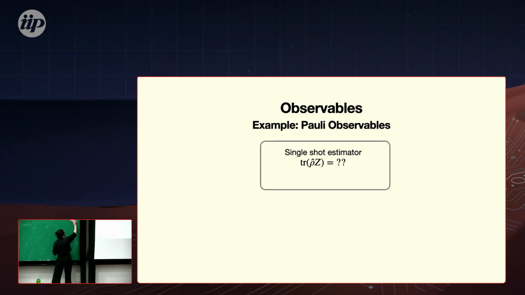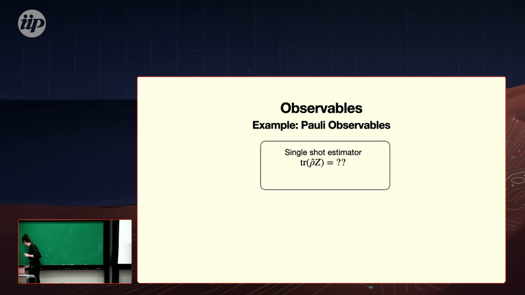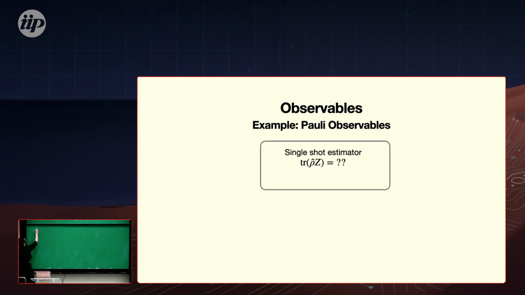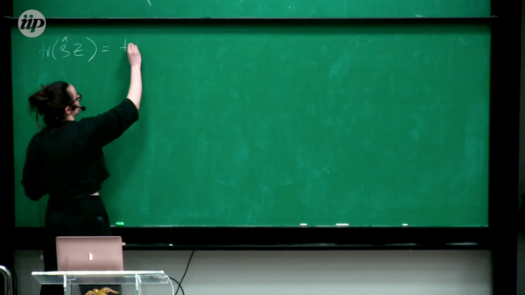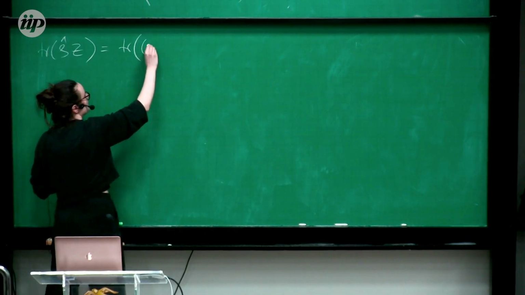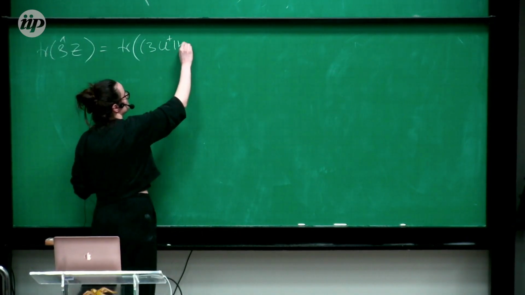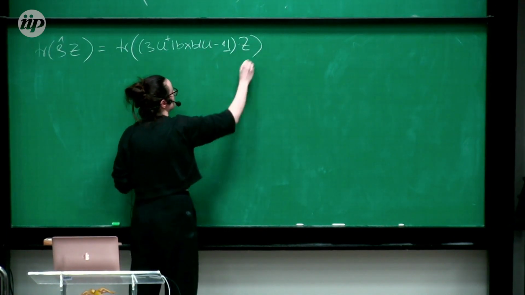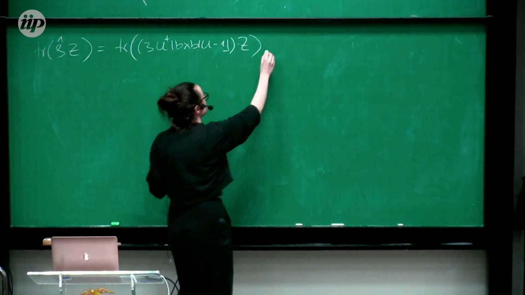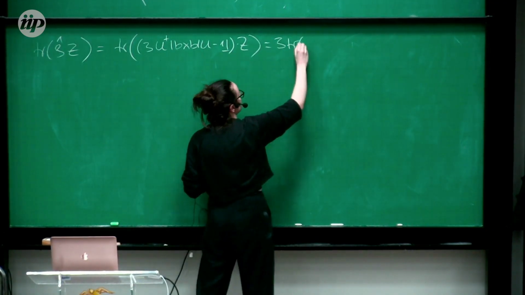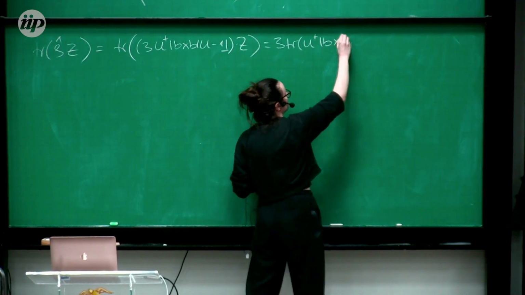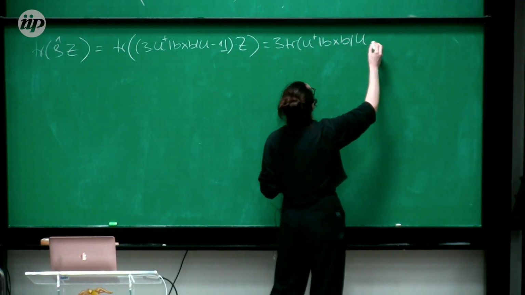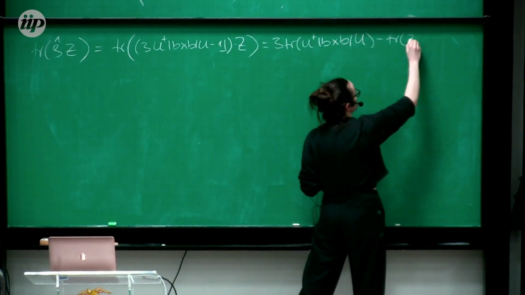So I just want to quickly show you a calculation that will be a bit trivial once you see it. The trace of rho hat Z in the single qubit case is the same as the trace of, now we need to insert rho hat, 3 U†|b><b|U minus identity, times Z. This has two terms: 3 times trace of U†|b><b|U Z, minus trace of Z times identity.